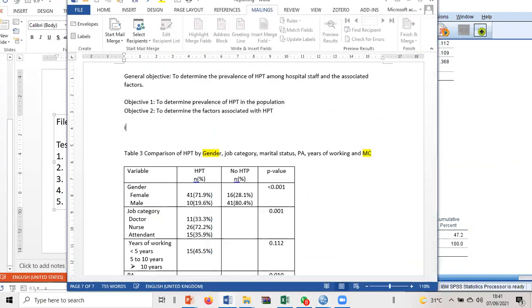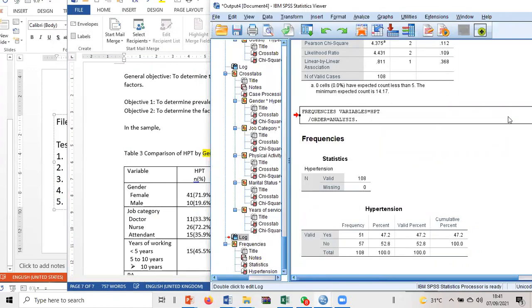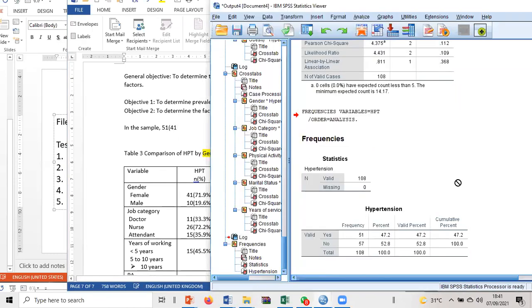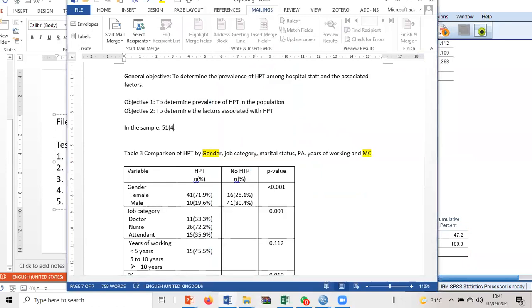In the sample, 51 (47.2%) were hypertensive. This is a sample statistic.